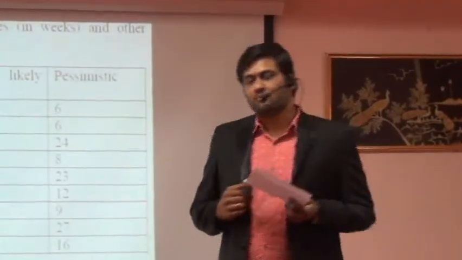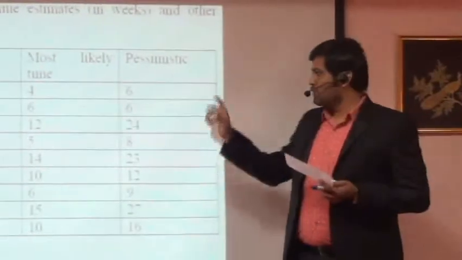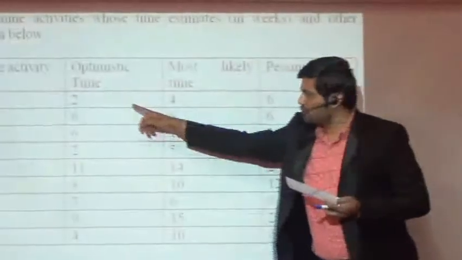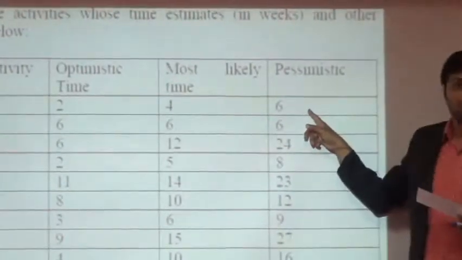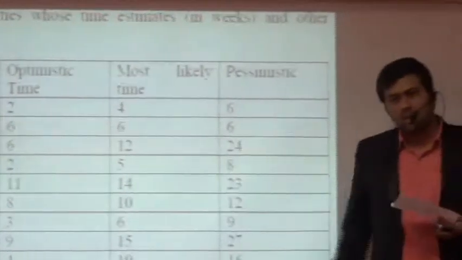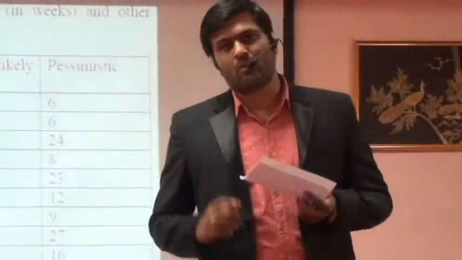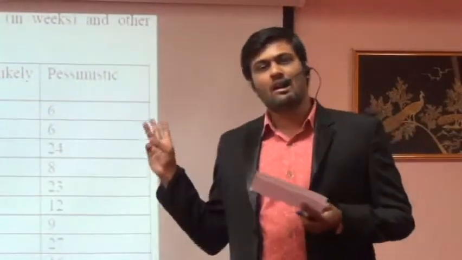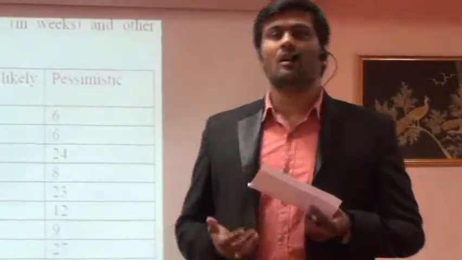So due to some unexpected reasons, the time taken for the same job is the most. So if you see these three, 2 is the minimum, 4 is in between, and 6 is the most time. Right? As I said in the beginning, this is a probabilistic approach. In the probabilistic approach, these three time durations are required to estimate the time. This is not the exact time, it is based on probability.